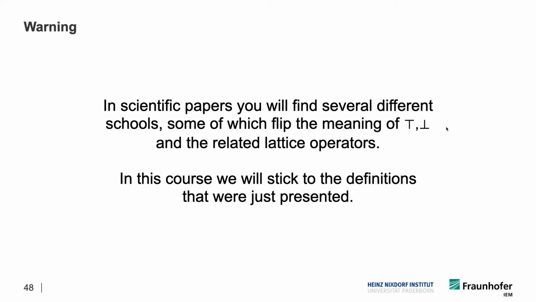In this course, we will stick to the definitions that were just presented. So in this course, we always have this idea that your program analysis typically starts at the bottom. So bottom is typically your initial domain value that you use to initialize certain values about which you don't know much because they haven't been initialized, for instance.